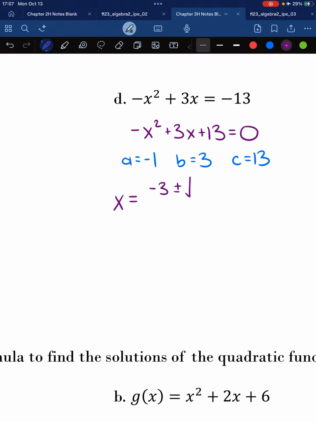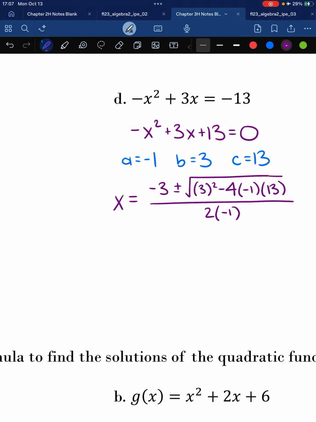Okay? And x equals negative b plus or minus the square root of b squared minus 4ac all over 2a. Alrighty.